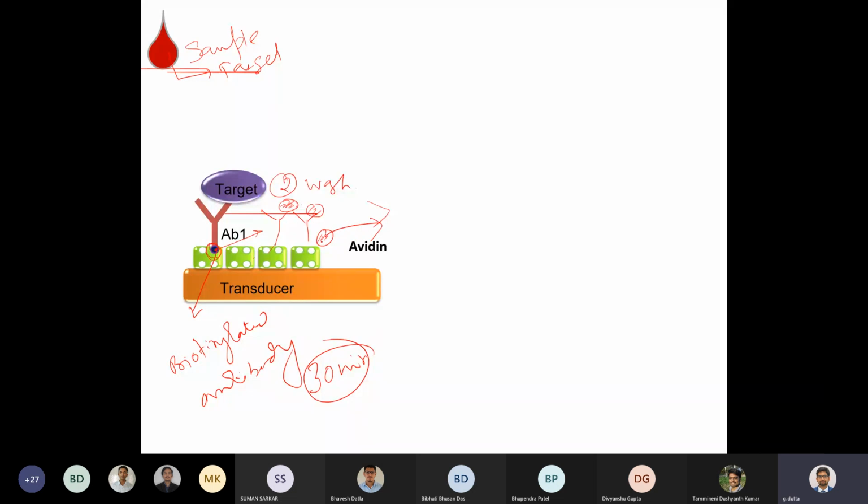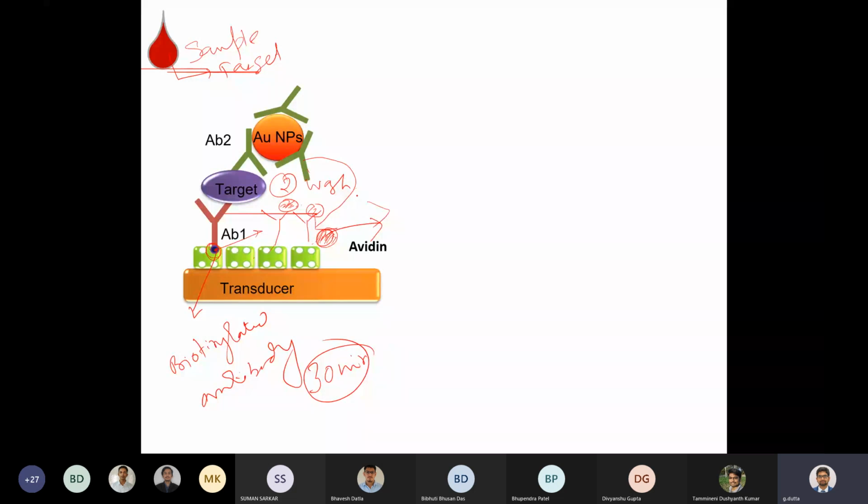So you know why we need washing? If this target is there, and if you do not wash properly, what will happen? When you add the secondary antibody that contains gold nanoparticle, it will bind here actually. This is not a specific position, right? This target somehow is adsorbed, not because of antigen-antibody binding.